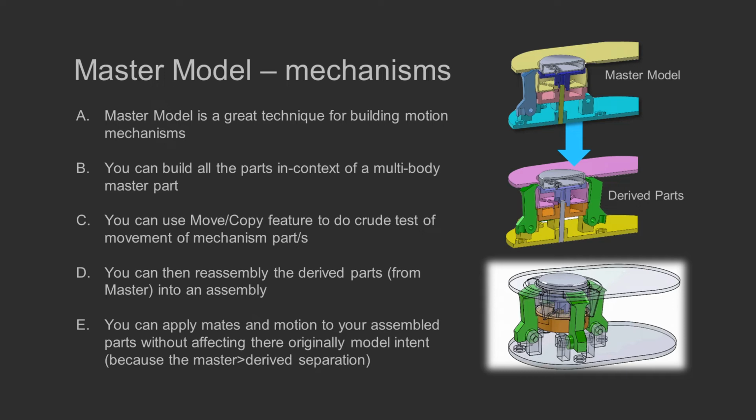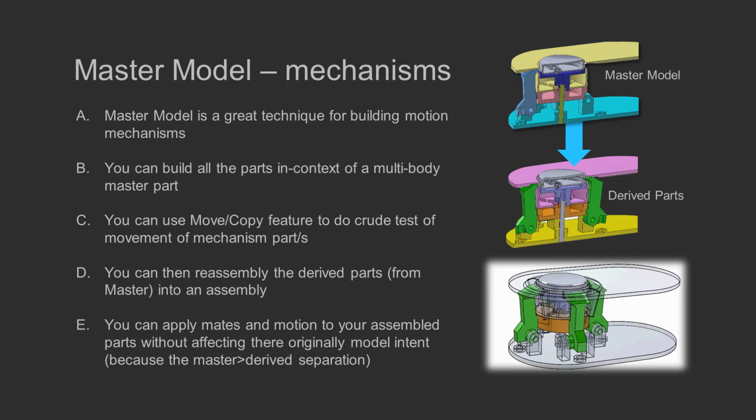The reason is that you can build your mechanism in context of a single multi-body part file, and that makes it super convenient for parts of mechanisms that are related to each other very closely. And then you can use the move copy feature on that body to just temporarily move it, see how it moves, how it relates to other things in a somewhat crude method.